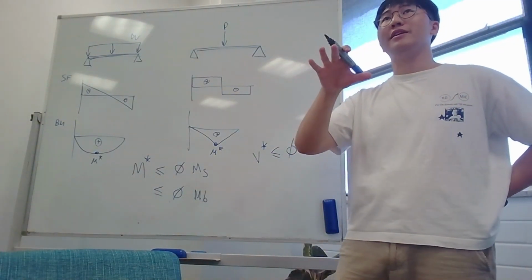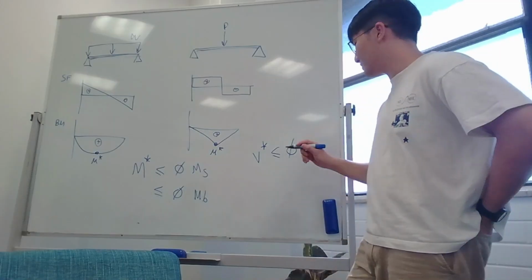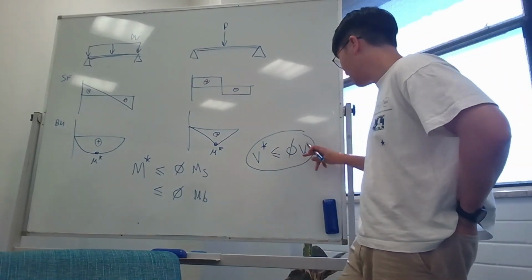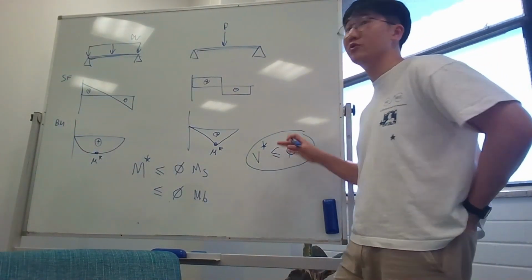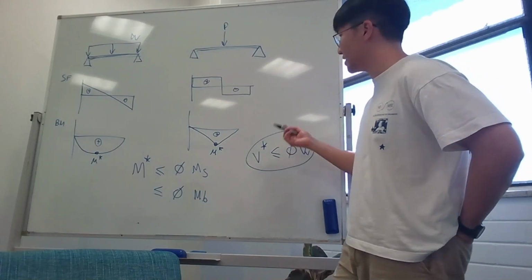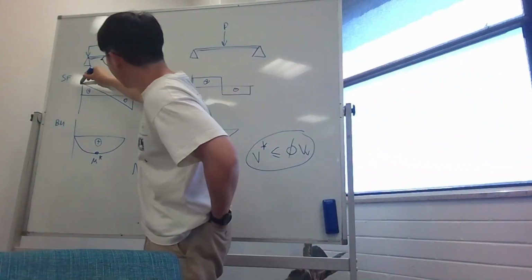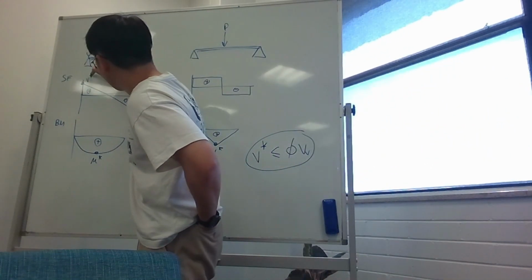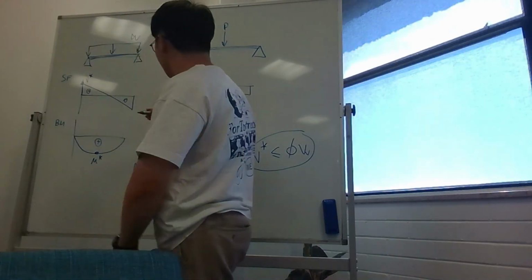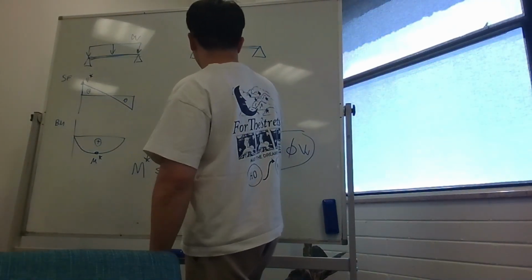In that week 5 summary, you might have seen these symbols before. V just stands for the shear, and the shear is basically the highest at your supports. So that's the max shear, and this whole thing is your max shear as well, okay?